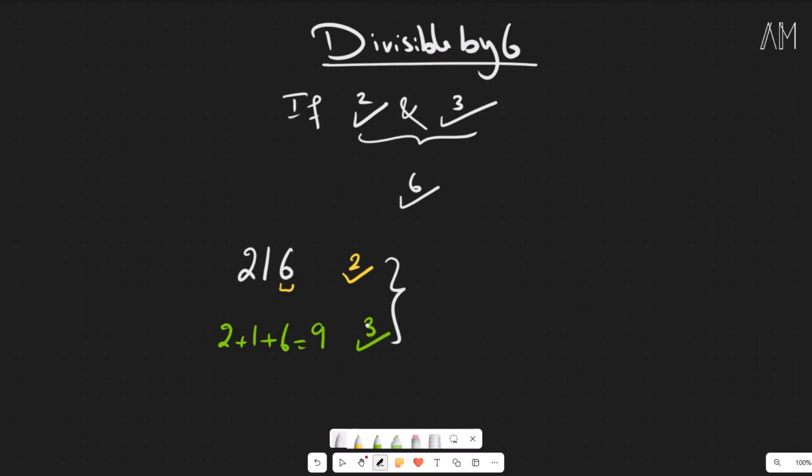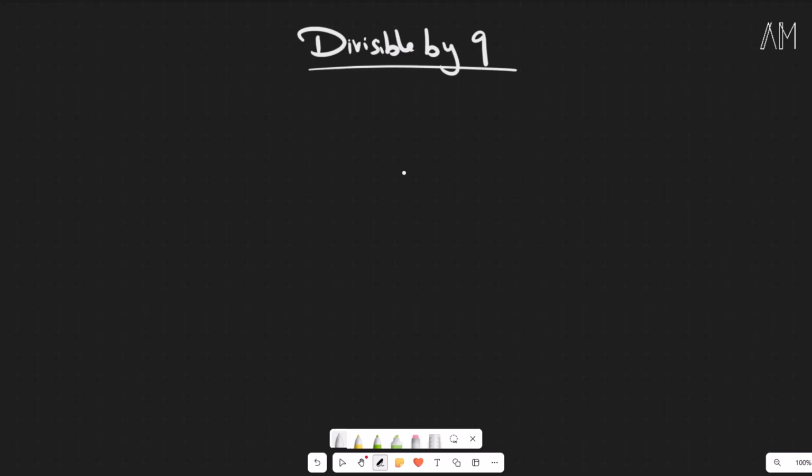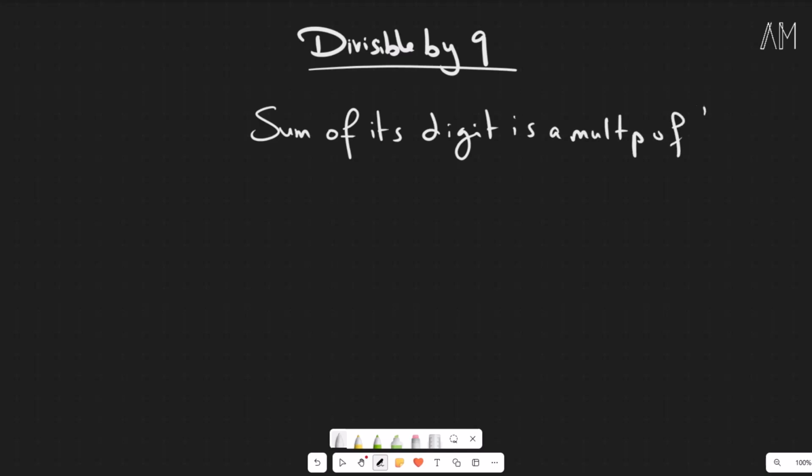And since it's divisible by 2 and 3 at the same time, I will say it's divisible by 6. Now, if the number is divisible by 2 only or 3 only, it will not be divisible by 6.